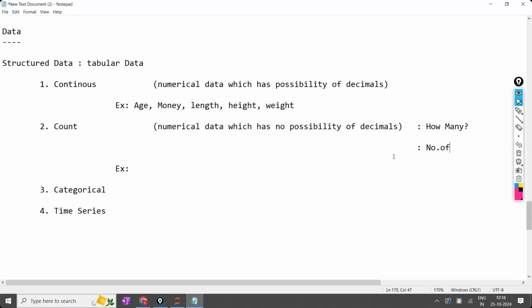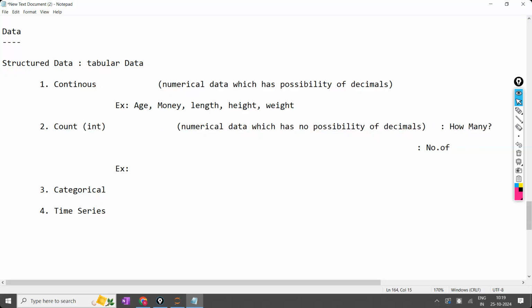Now this is a continuous variable and this is the count variable. Generally whenever you take the count variable, the count variable will be always int only. Never it will be in the float data type. Always int only. If it is not in the int, if it is in the float or if it is in the object, it means some wrong data or wrong data type is there. You have to do the data cleaning. Now continuous variable will be in what format?